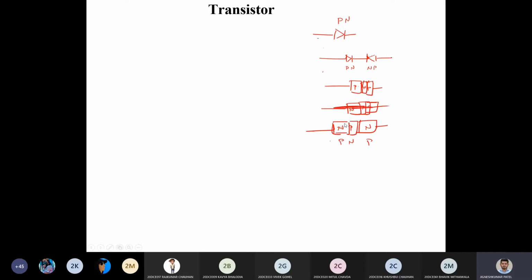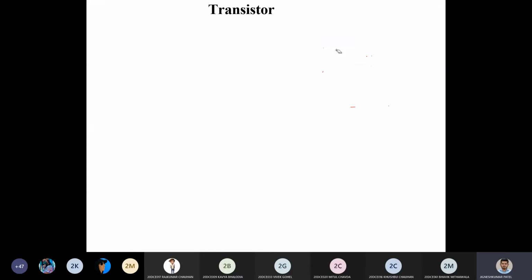So this is how a transistor looks. But let us see in detail how it will work, how a transistor can be in forward or reverse bias, and what happens when it is in a particular forward or reverse bias.